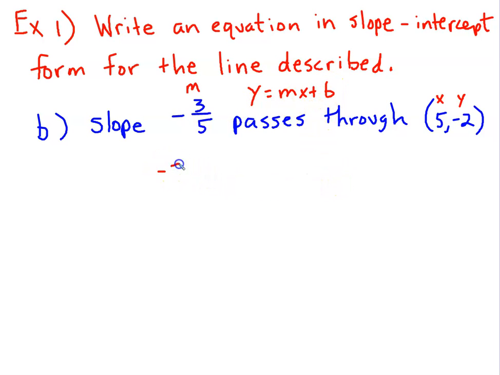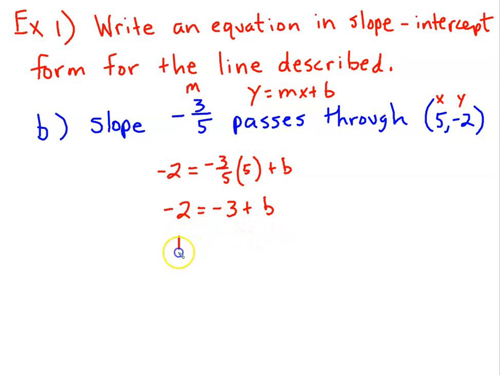So y is -2. Equals m, that's -3/5, times x, that's +5, plus b. Multiplying -3/5 times 5, the 5's would cancel, that leaves you with -3 plus b.